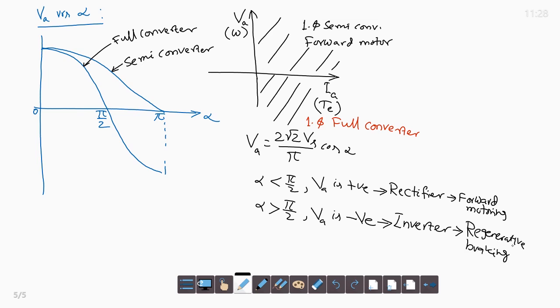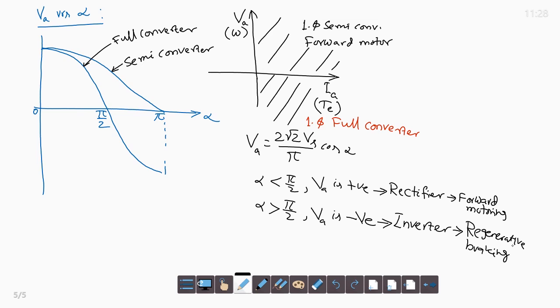That means in a single phase semi converter only forward motoring is possible, and in a single phase full converter fed DC drive both forward motoring and regenerative braking modes are possible. During regenerative braking, motor operates as generator feeding energy to the supply, and in doing that the converter operates in the inverter mode. So power is flowing from the machine armature to the supply via the inverter.